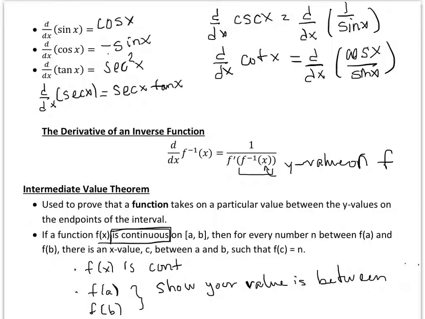So if my function is continuous on -1 to 2, and I know f of -1 is 0 and f of 2 is 7, then I know y has to take on every value between 0 and 7. It has to get there somehow, and if it's continuous, it can't jump around. The graph has to travel from a y value to the next y value, and so it has to pass through all the y values in between.